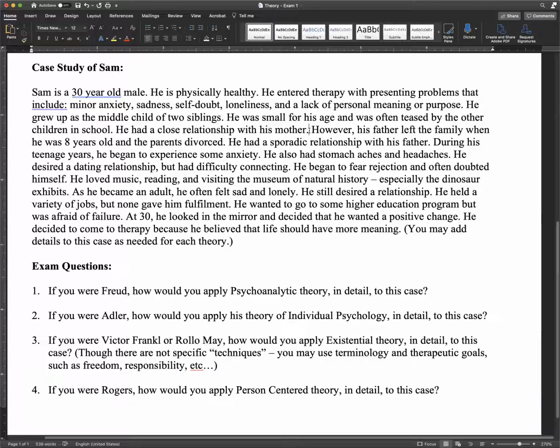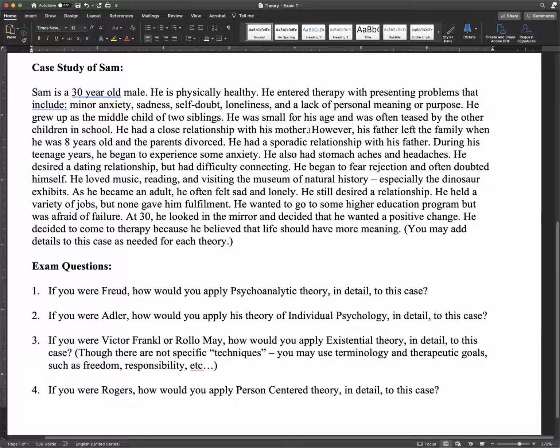Number 3, if you were Viktor Frankl or Rollo May, how would you apply existential theory in detail to this case? And I did write, though there are not specific techniques, you may use terminology and therapeutic goals such as freedom, responsibility, etc. Number 4, if you were Rogers, how would you apply person-centered theory in detail to this case?